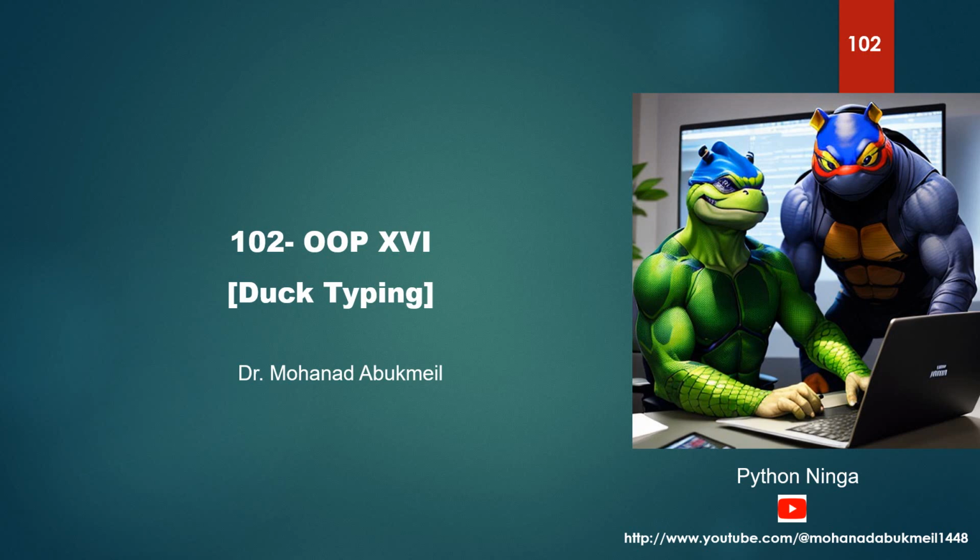In the next tutorial, we will highlight the data-oriented class, where we can make an instance from the data itself. And in this tutorial, the last one in behavioral object-oriented programming, we will highlight duck typing, and by that we will close this tutorial.